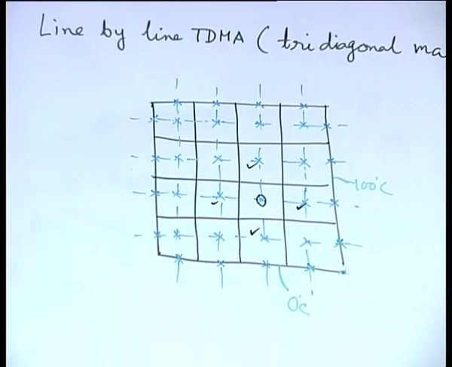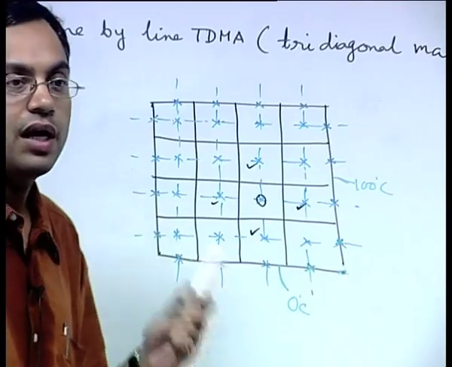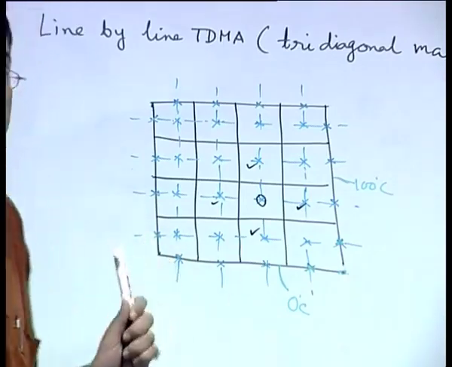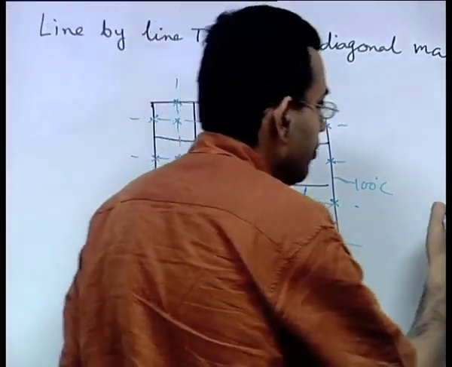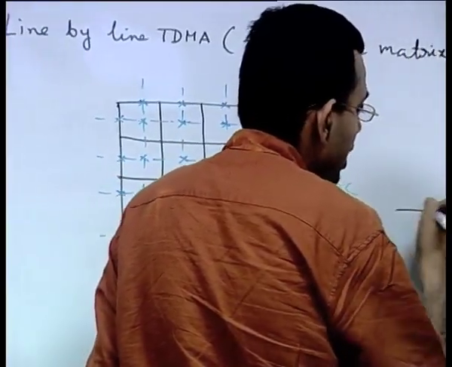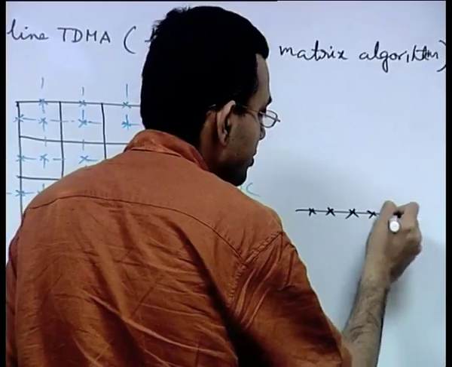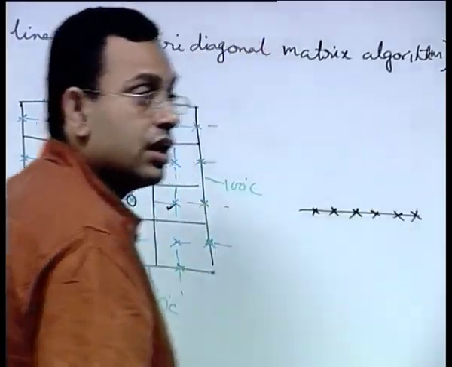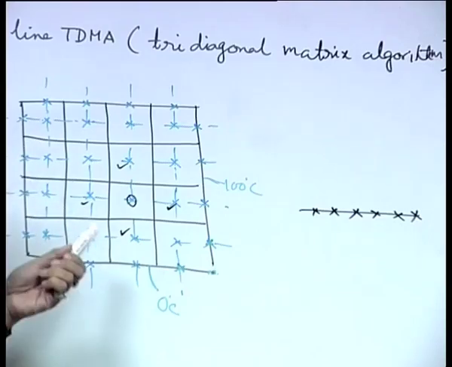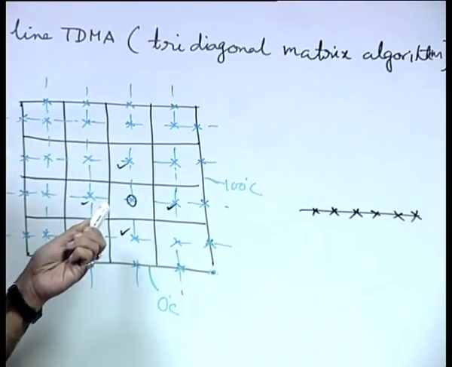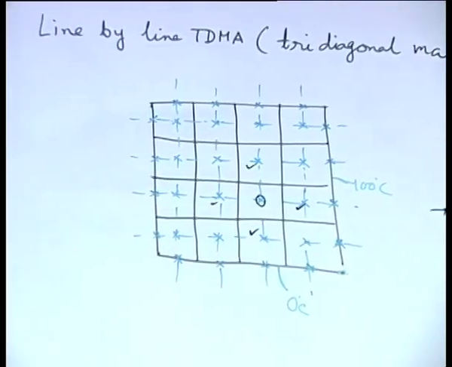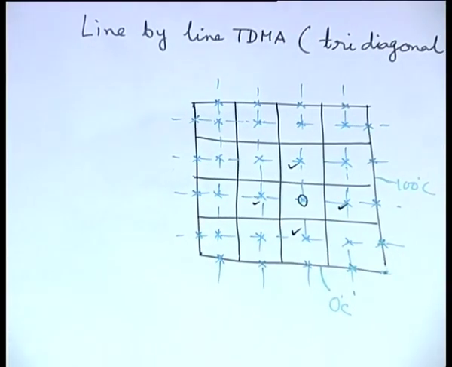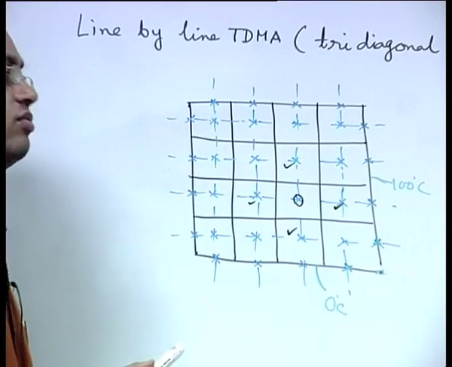Still, let us say you want to use a TDMA. Then you have to convert the pentadiagonal system into a tridiagonal system. A tridiagonal system would be there if it was a one dimensional layout with grid points like this. That means in this example multidimensionality is bringing the deviation from the tridiagonal system. So what you can do is take it as a pseudo tridiagonal system. How?